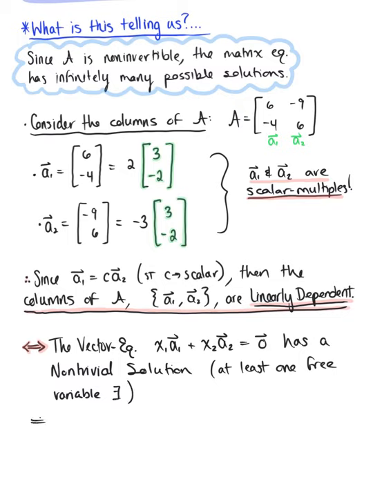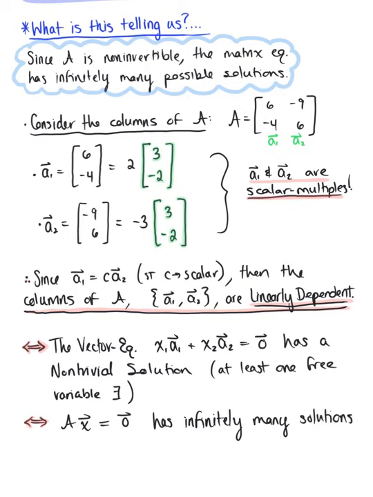So what does this mean? If a free variable exists, then the homogeneous equation, matrix A times vector x equals the 0 vector, has infinitely many possible solutions. So all of these are equivalent.